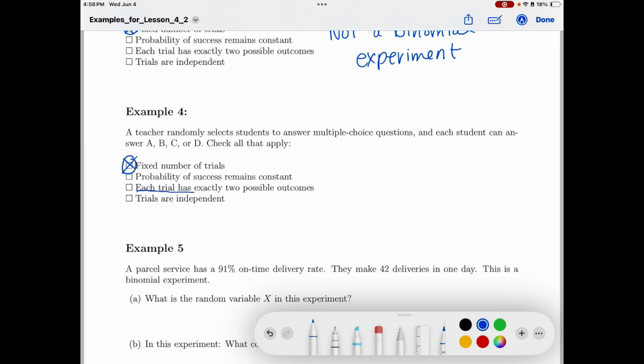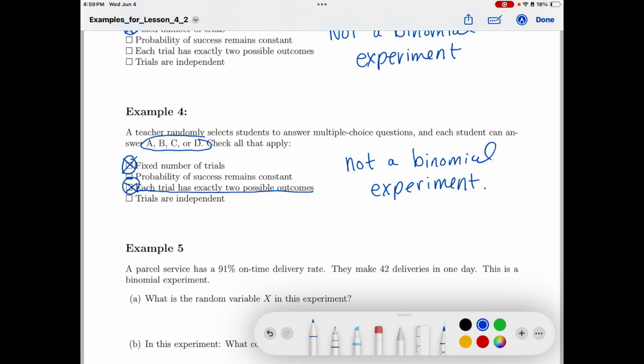But another thing that's violated here is that each trial has exactly 2 possible outcomes. In this case, there are 4 possible outcomes. The student could choose A, B, C, or D. There's not a success or a failure. It's a choice between 4 options. So this also is violated. So this is not a binomial experiment.